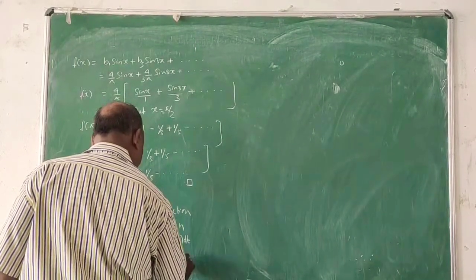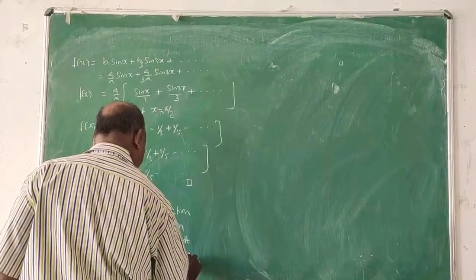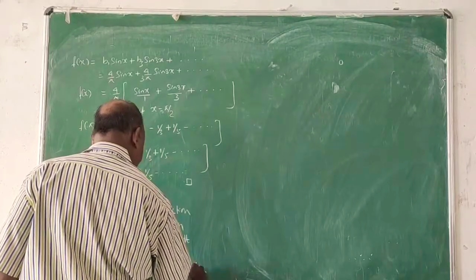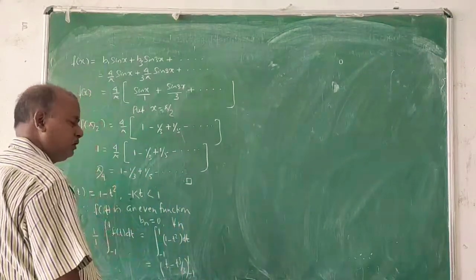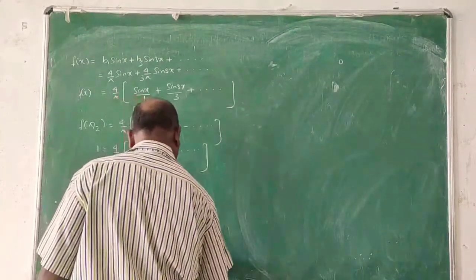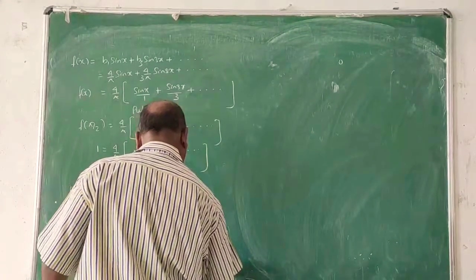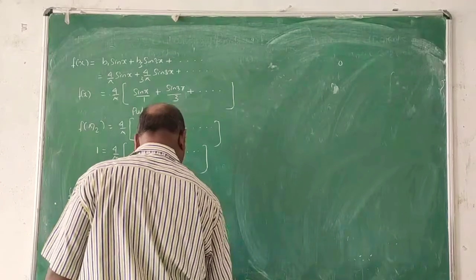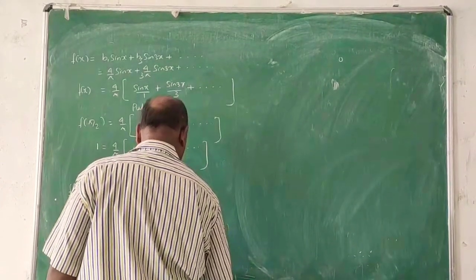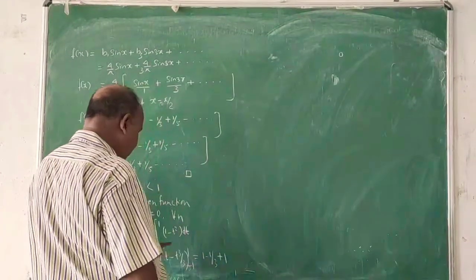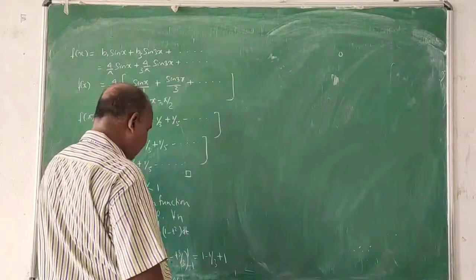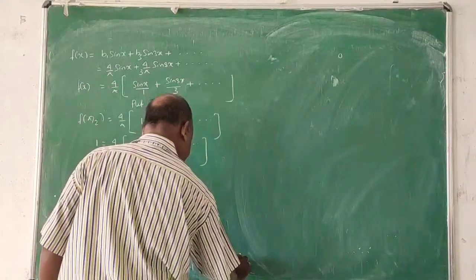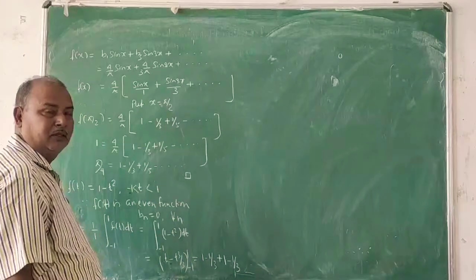That becomes t minus t cubed by 3, with range minus 1 to plus 1. Which gives you 1 minus 1 by 3, minus of minus 1 becomes plus 1, and again minus of minus is plus, minus 1 by 3.